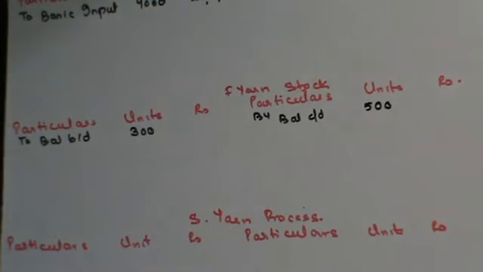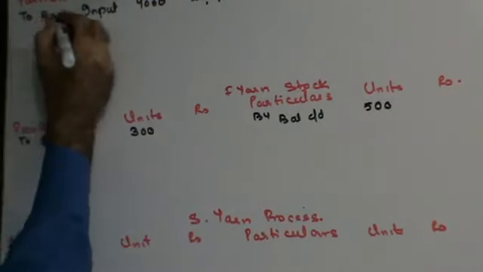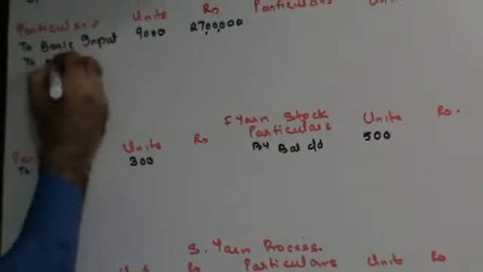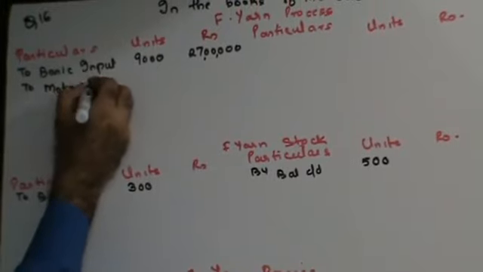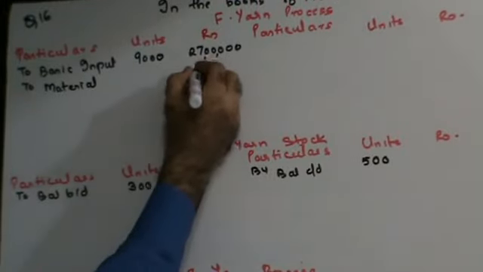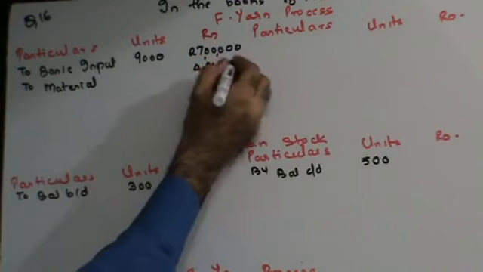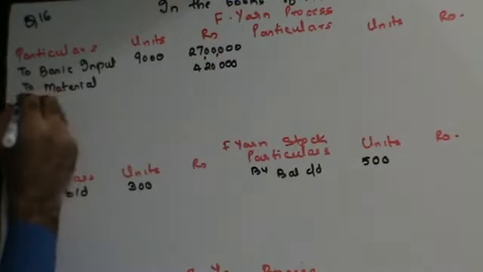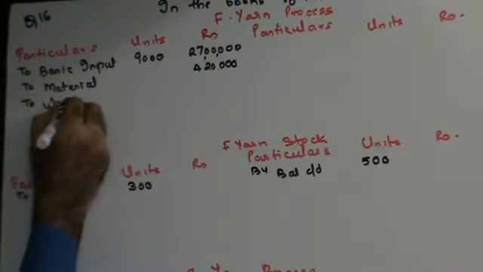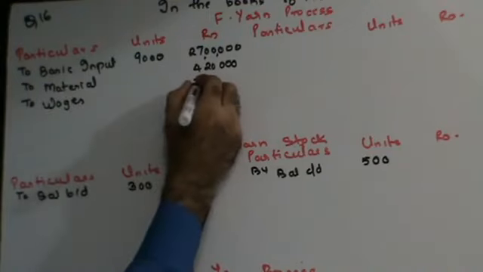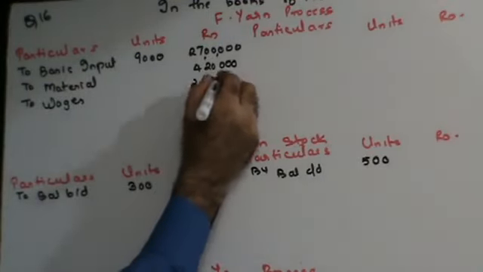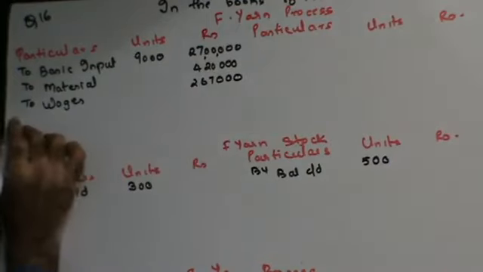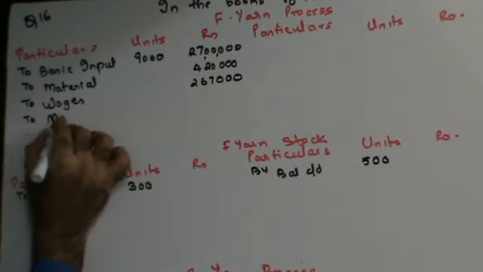Next, monetary information. Material is given to you as 4,20,000. Wages is given to you as 2,67,000.